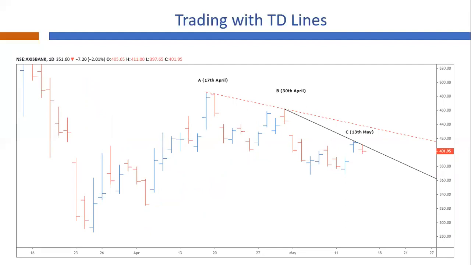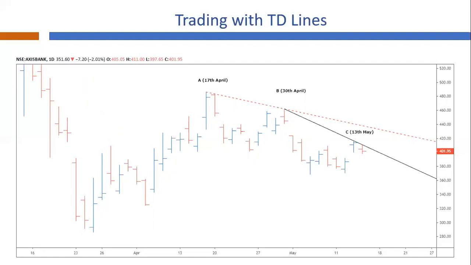As a new TD supply point C is identified, we start looking for the most recent TD supply point. The same is identified at point B. We repeat the same procedure and start drawing a trend line from point C and extend the same till point B. And we now have a new TD supply line from point C to point B.